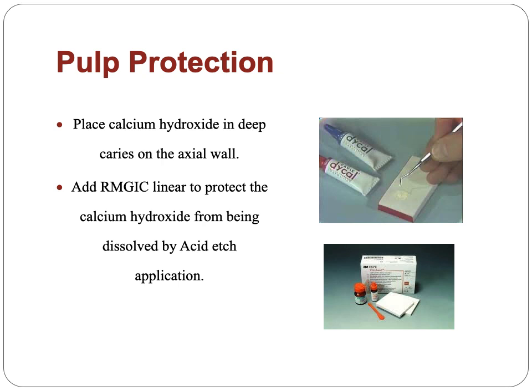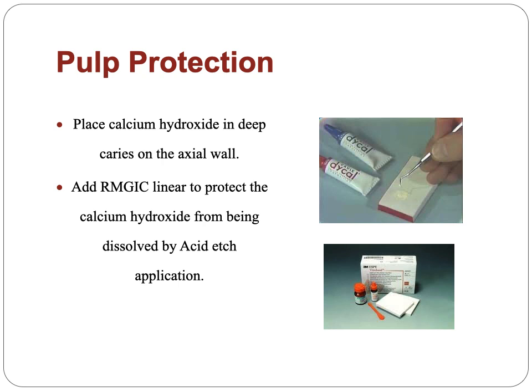After we finish our design and cavity, making our retention and finishing the cavity wall, we should do our pulp protection, and we have a lecture about pulp protection. If we need to place calcium hydroxide, or if we have a pulp exposure, we should place it in the deepest area.